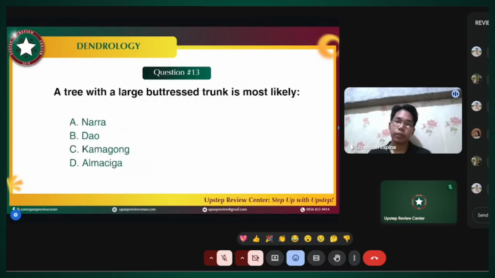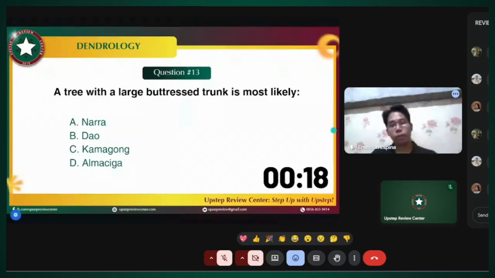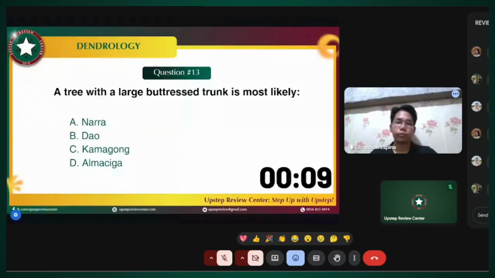And then moving forward, question number 13. A tree with a large buttress trunk is most likely Narra, Lauan, Kamagong, or Almaciga? Okay, time's up. The correct answer is letter B, Lauan.